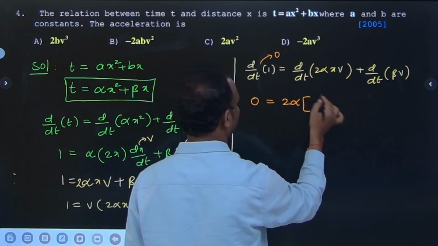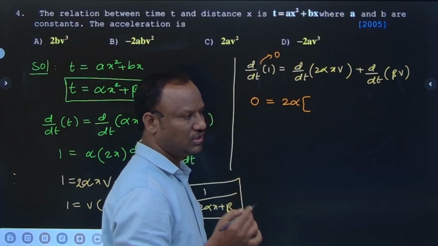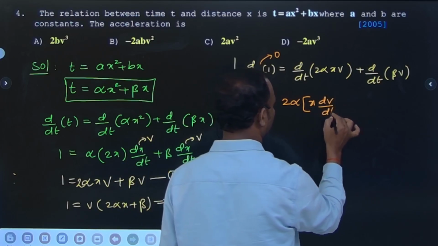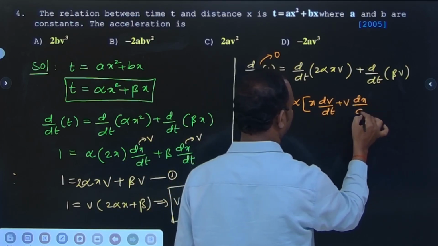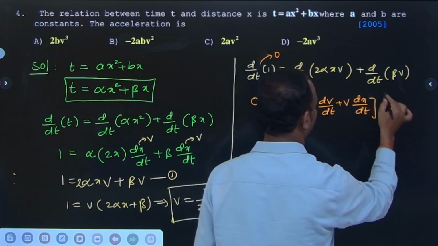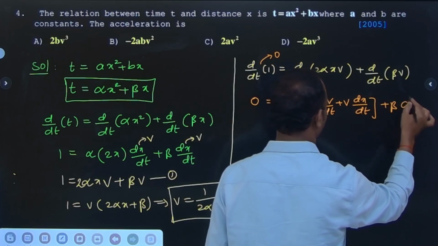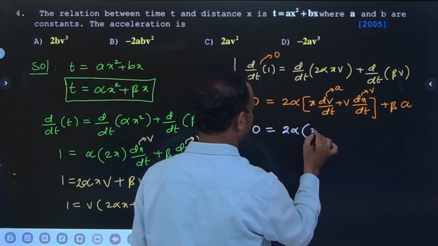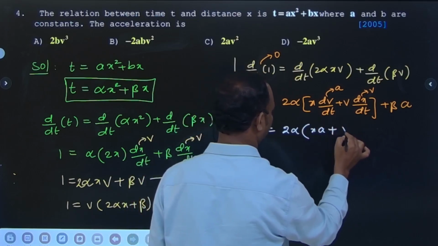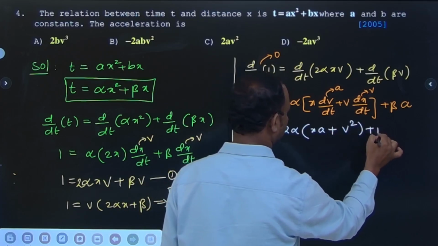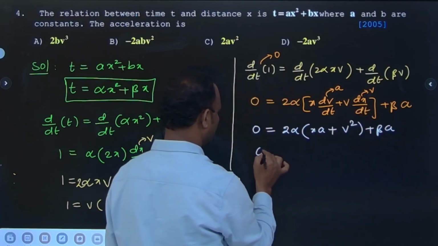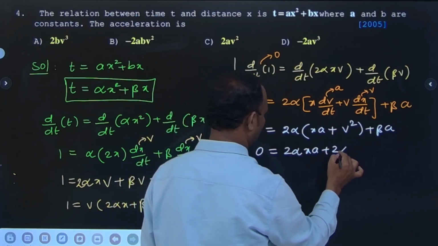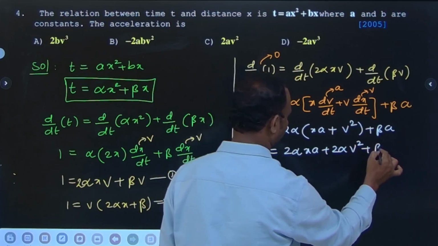0 is equal to 2 alpha d by dt of x v, which means u v dash plus v u dash: x into dv by dt plus v into dx by dt, plus beta a. Dv by dt is acceleration. So 0 is equal to 2 alpha x a plus 2 alpha v square plus beta a.